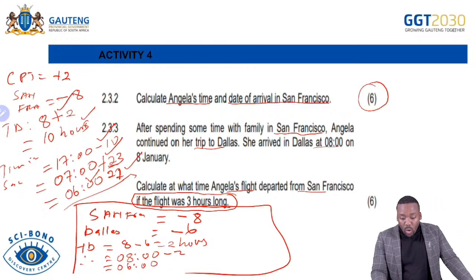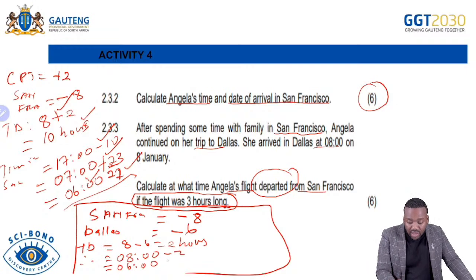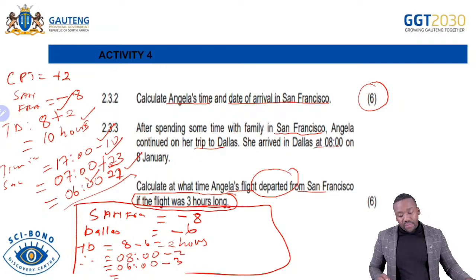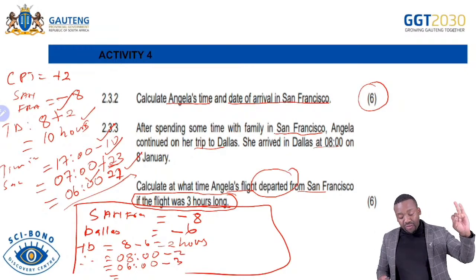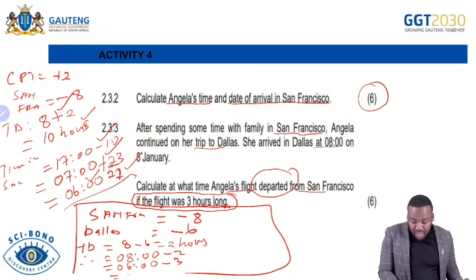Then remember, we need to do something here with the flying hours. We want departure time. Therefore, when we want departure time again, what do we do to the flying hours? We subtract 6 minus how many hours? 3. Then what time was it? 6, 5, 4, 3. This 3, then 3 in there.